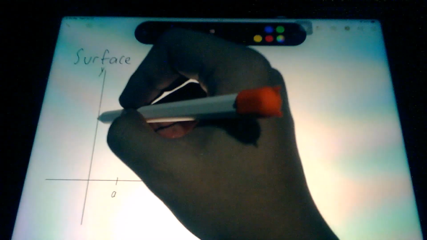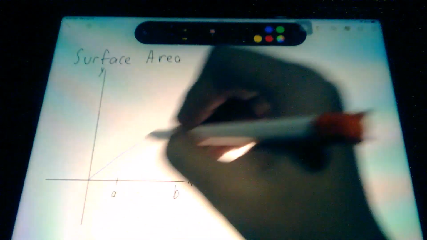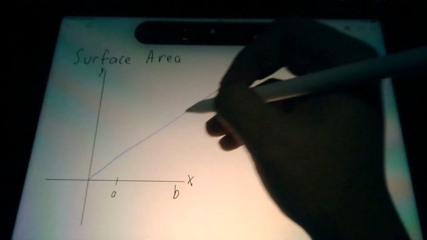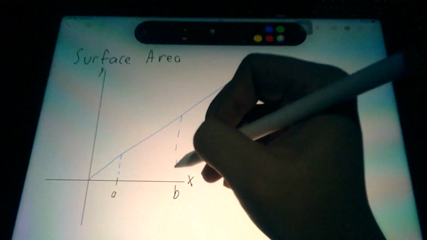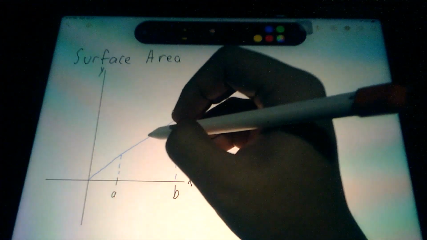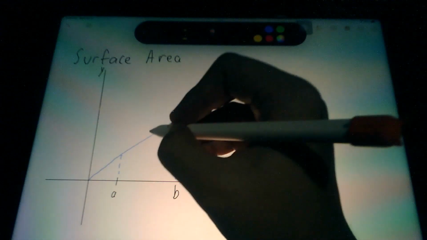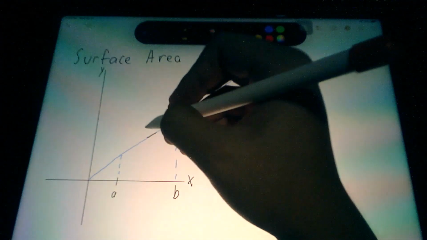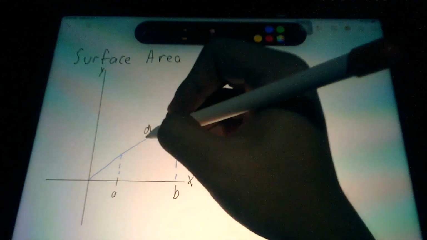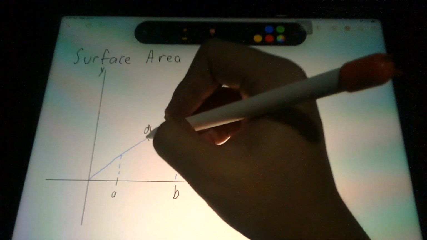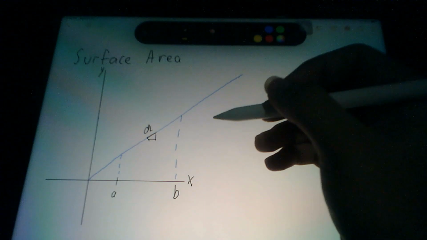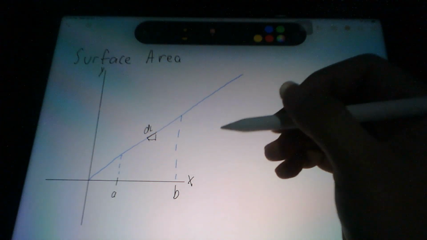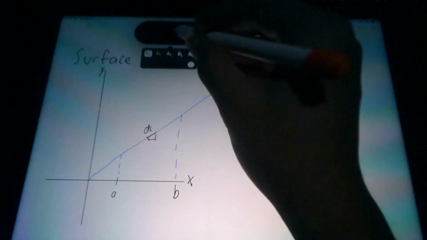So if our area is bounded by a line from point A to B, and let's say here we put a strip, this is our DL, same as last time when we were doing the length of the curve. This is DL.